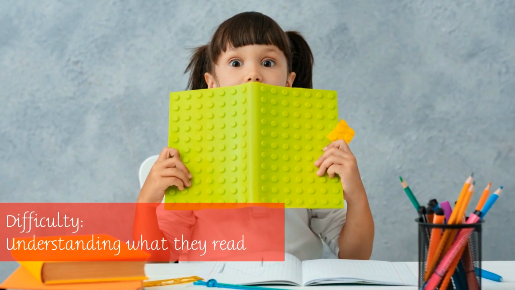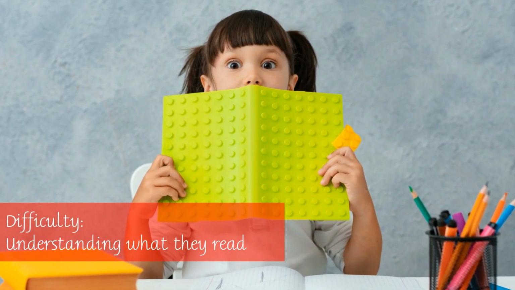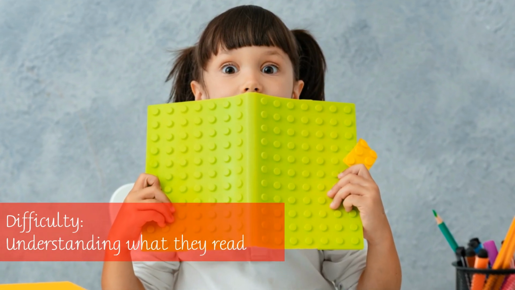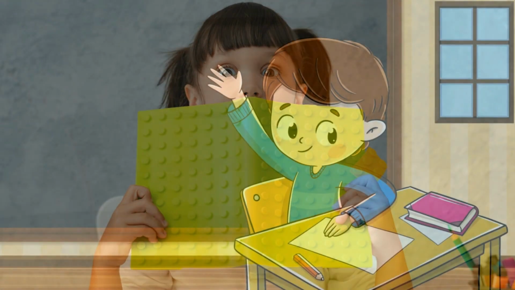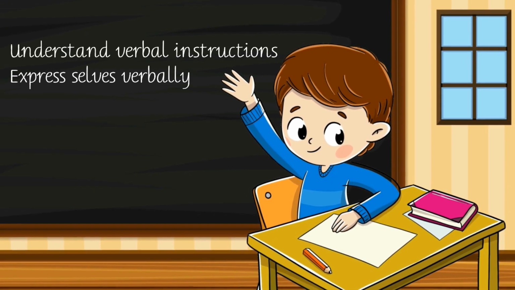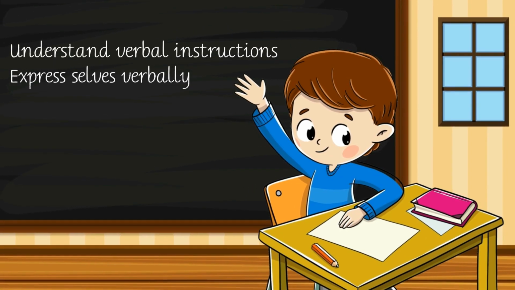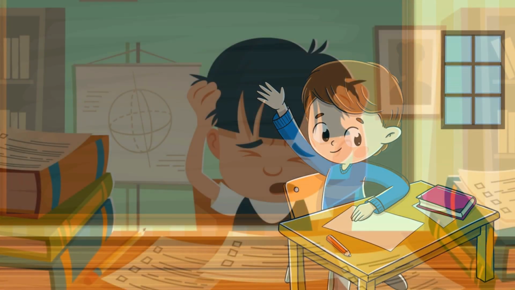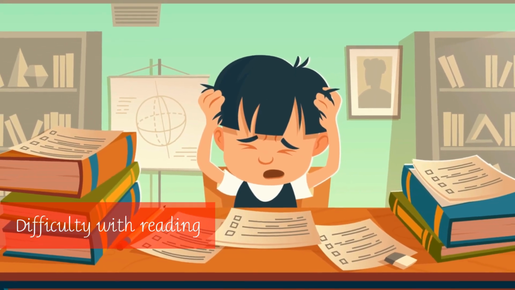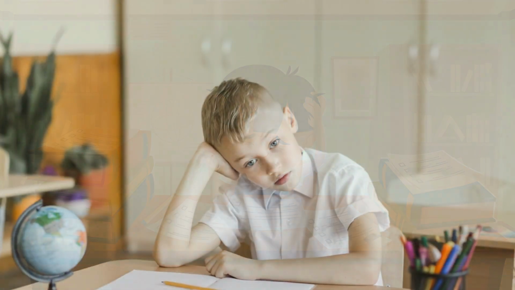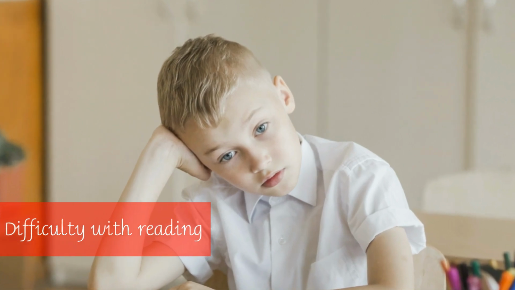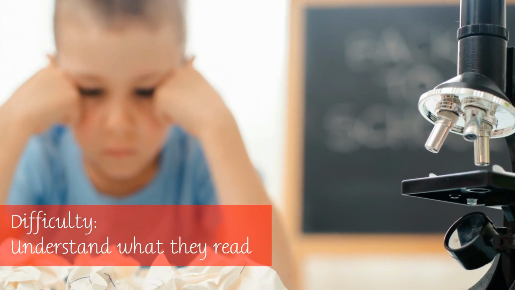Children with language disorders do not have difficulty reading, but find it difficult to understand what they have read. Children with dyslexia are able to understand verbal instructions and express themselves verbally, but they find it hard to read. Children with language disorders and dyslexia are likely to find it difficult both to read and to understand what they read.